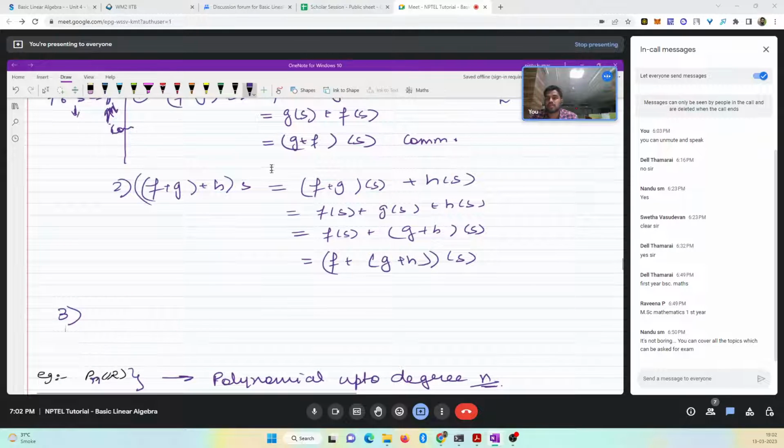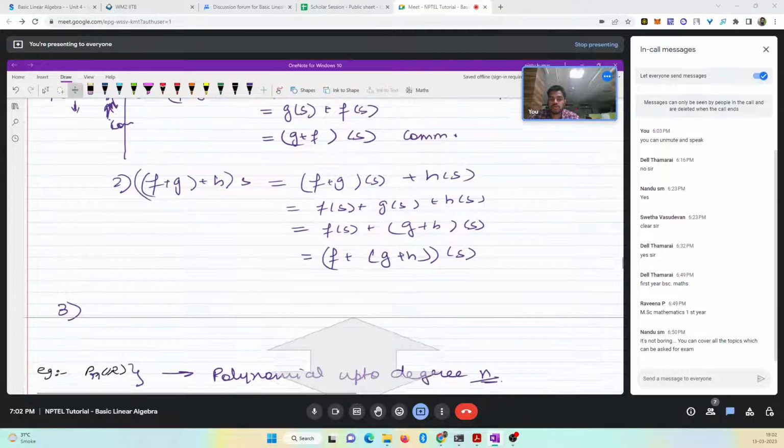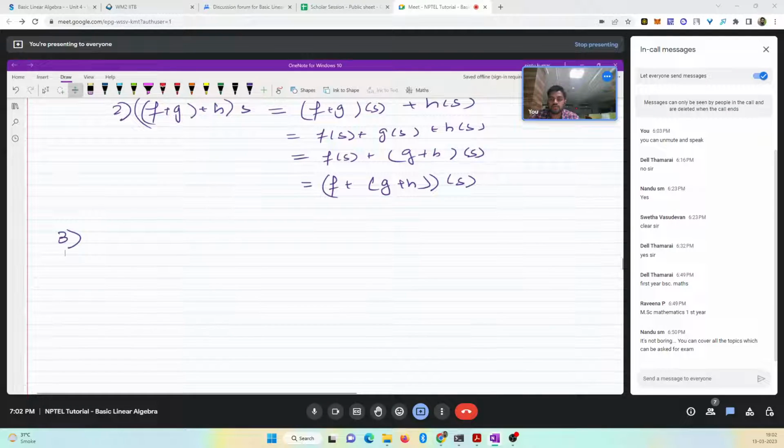Let's go to our third point, which is the existence of identity, the additive identity. Now we have to see what our identity is.